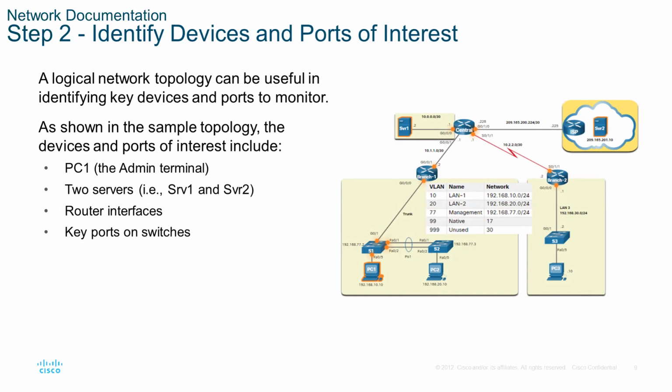Next, you need to identify these devices within your topology. So you just highlight where you want to capture the information from, so what interfaces, and then you can define your ports of interest. So from this topology here, you can see they're capturing the main interfaces in use.